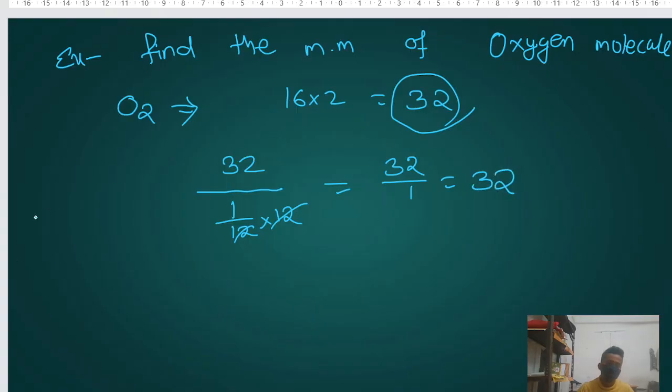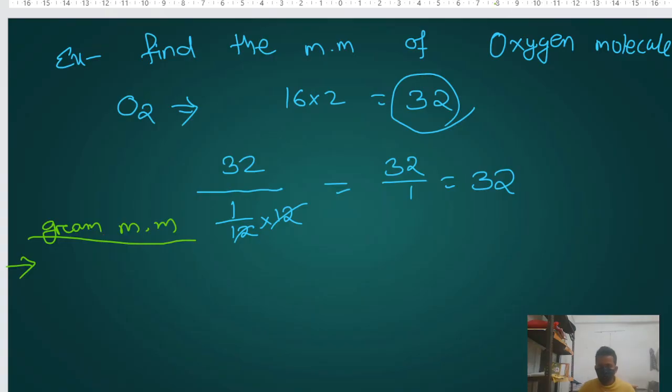Then we have to know one thing about this, that is gram molecular mass. You already know about gram atomic mass. Like gram atomic mass, gram molecular mass is the same idea. When the molecular mass is expressed in gram, it is called gram molecular mass.